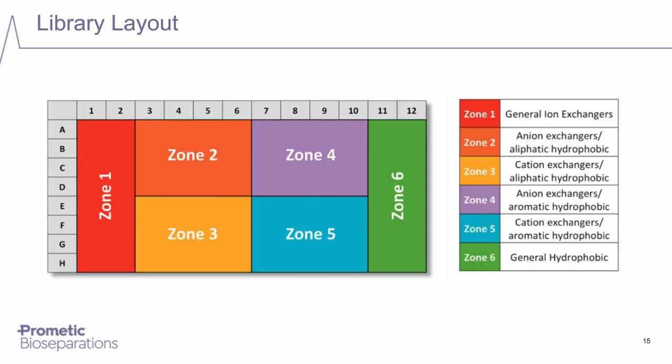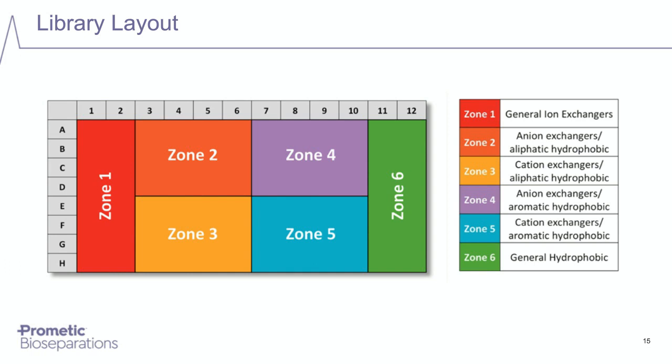We've organized these ligands into 6 different zones, and the reason for doing this is to make it easier to understand the chemical structures and chemical properties of the ligands in each zone, and how you might approach the binding and elution of proteins from those zones based upon knowledge of the types of ligands that are in those areas.